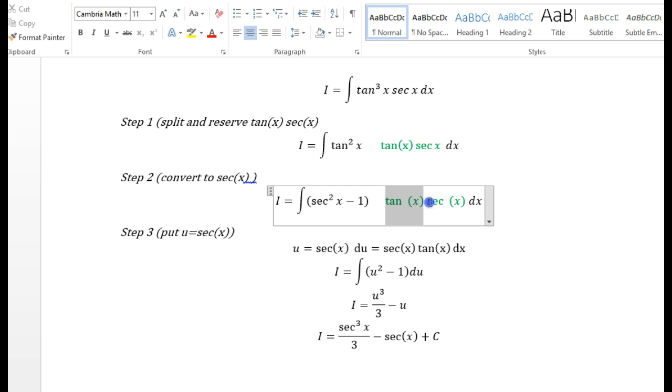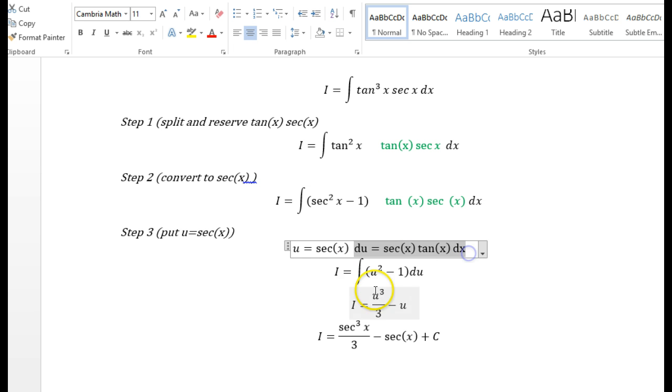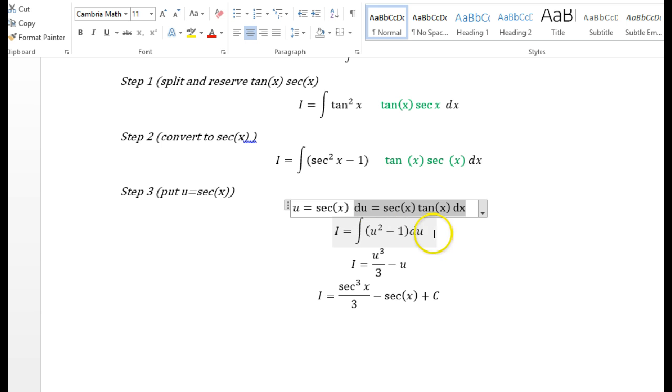So this part right here is actually du, the derivative of secant x. Okay, so what we do now is to put u here. So this becomes u squared minus 1, and this is just du. Okay, so u squared minus 1 and du. And now everything is in u, there is no x here, so we can integrate.